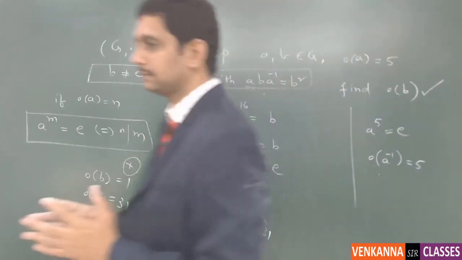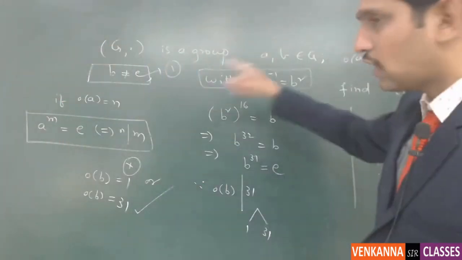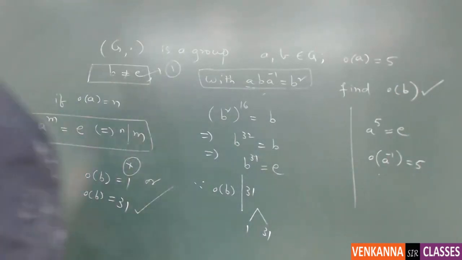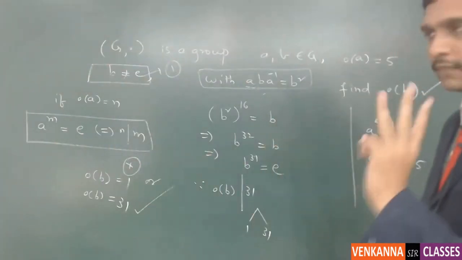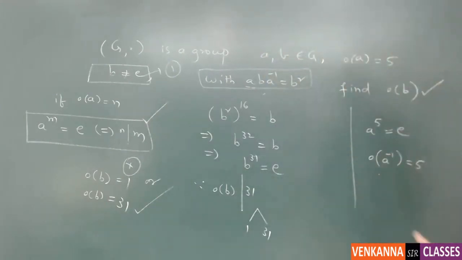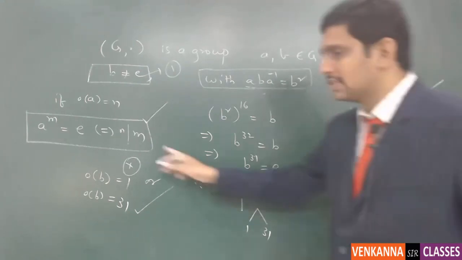Apart from the logic, I have used three things: one, the previous theorem; two, the order definition; and one more result, order of a is equal to order of a inverse. So consolidating the three, I have proved this problem.